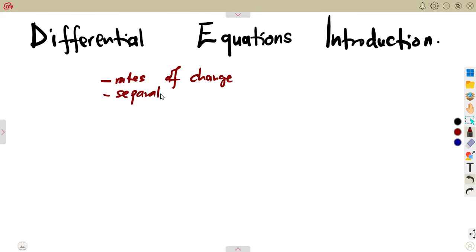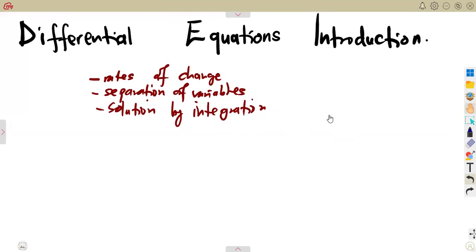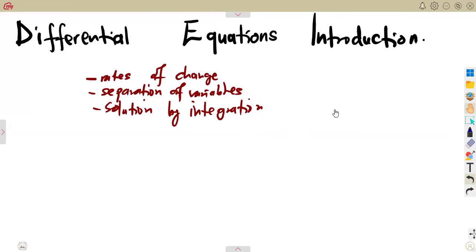And you need to understand the solution by integration, meaning you need the basics of your integration, which we are going to talk about at A level, but I think guys, you've worked with that part from other videos of the netted, which is the N1, N2, N3, up to N6.